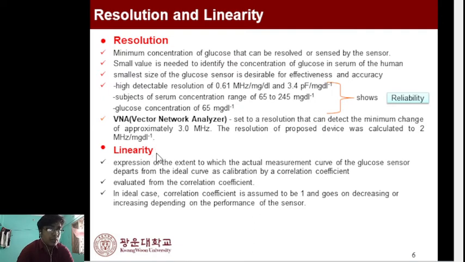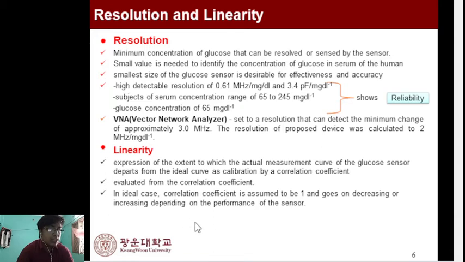Another parameter on which the glucose sensor performance depends is linearity. Firstly we measure the ideal curve of the glucose sensor, and we compare it with the measurement curve, and these are related by the calibration correlation coefficient.